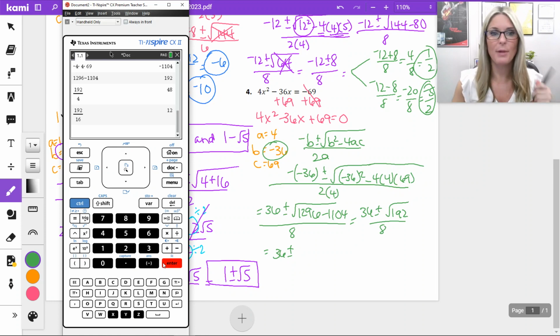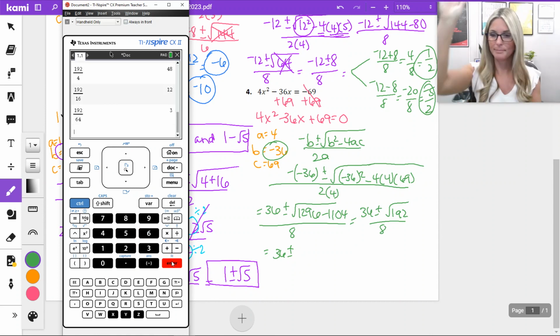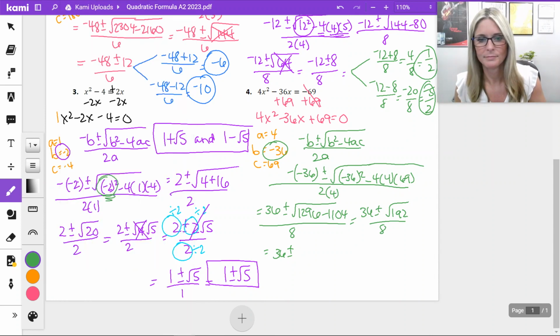Divided evenly again, and the result is 12. 12 has a 4 as a factor as well. Let's do better. 192 divided by 8 times 8 is 64. 64 and 3. Square root of 64 is an 8, so I have 36 plus or minus 8 radical 3 over 8.